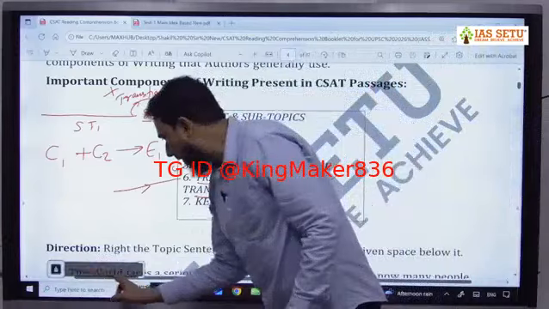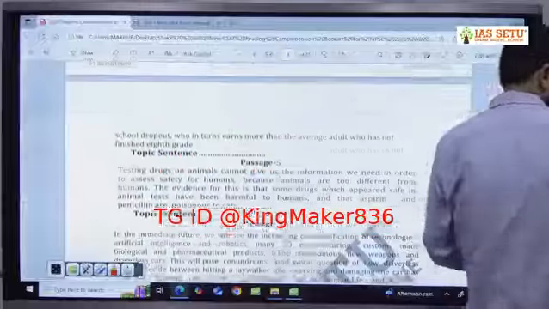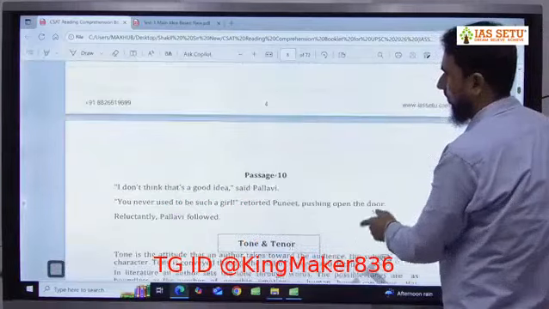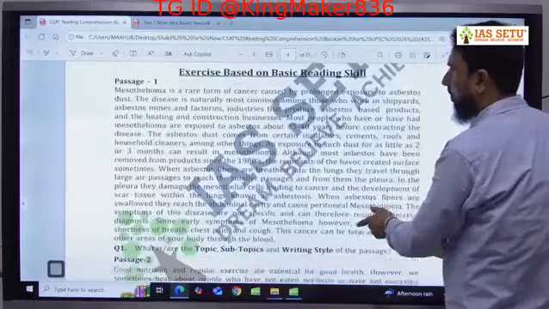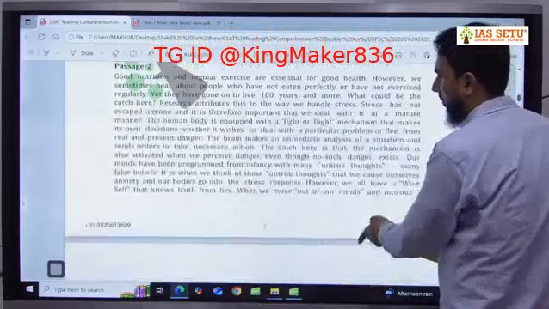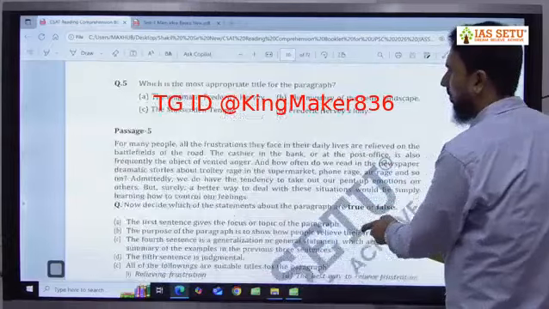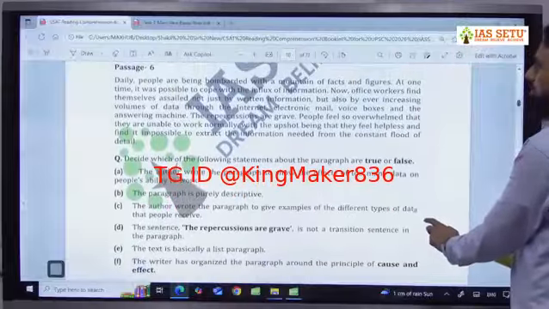Now, let's take another exercise. Page number 10, passage number 6.